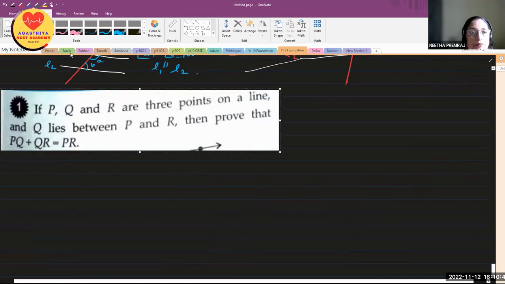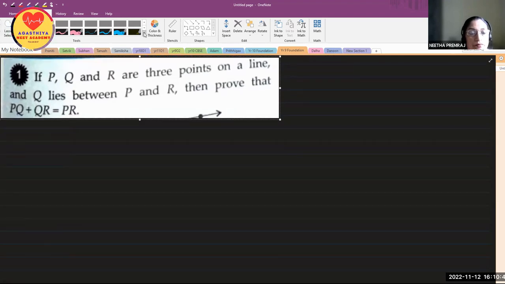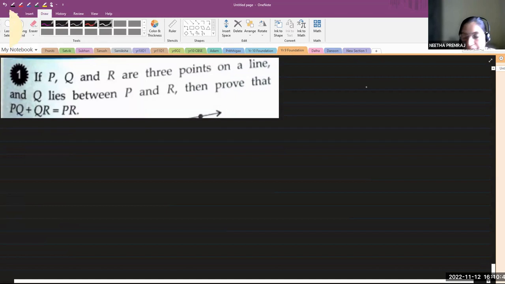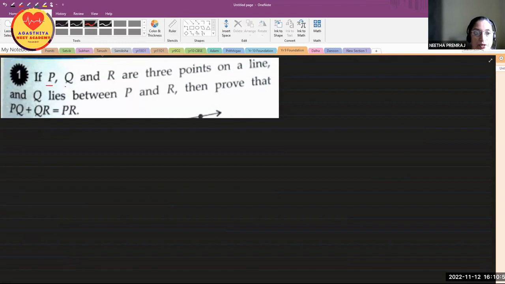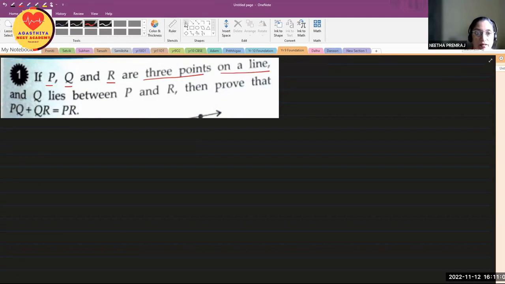Okay, now we'll see the sum. What is given in the sum? P, Q, R are 3 points on a line. See, guys, when a sum is given, try to picturize it. You will have a better understanding. So there is a line.